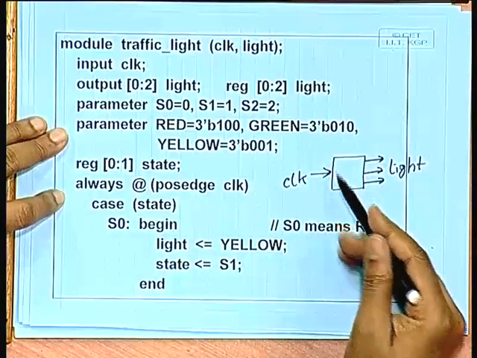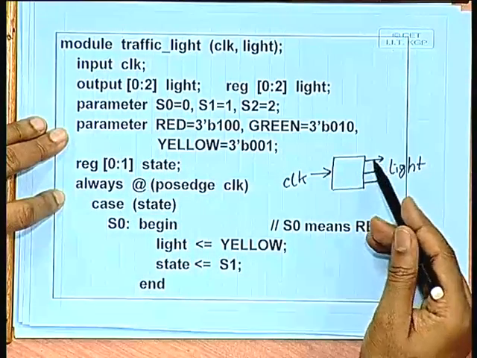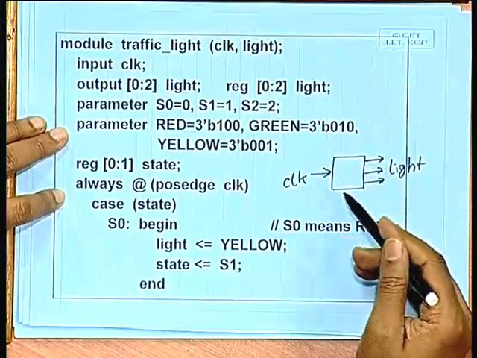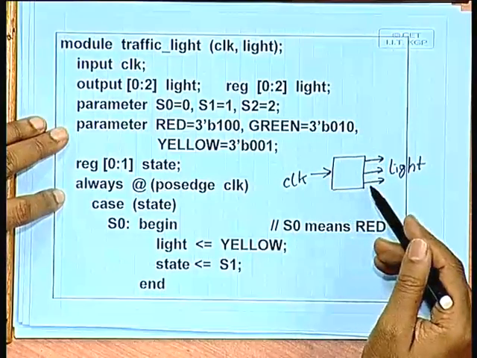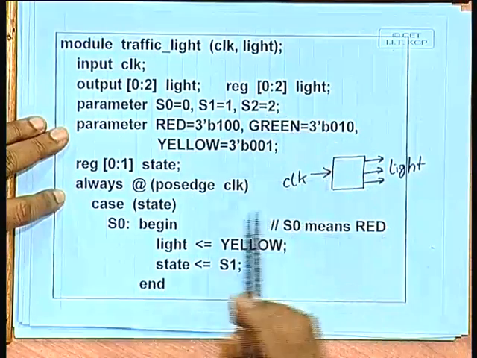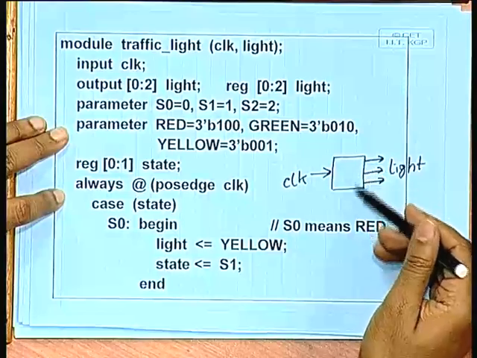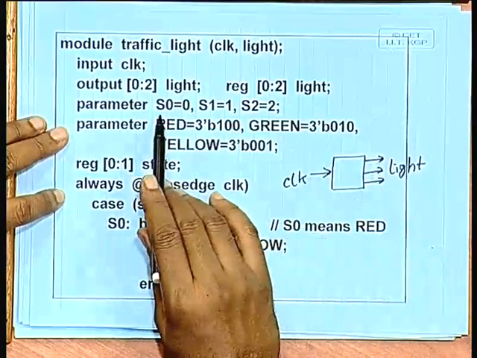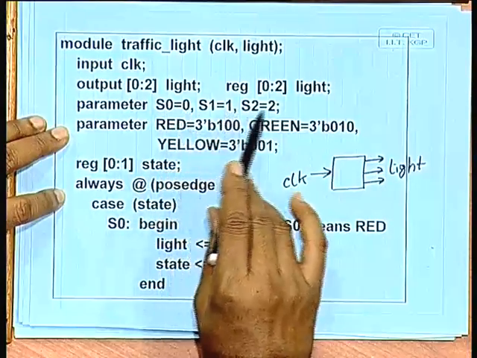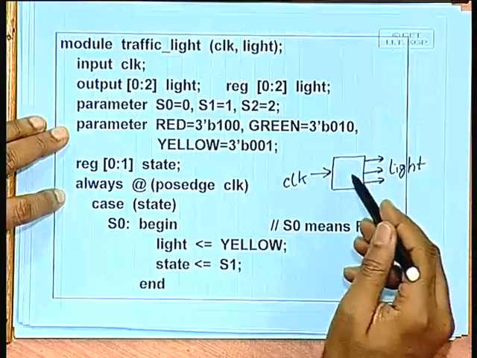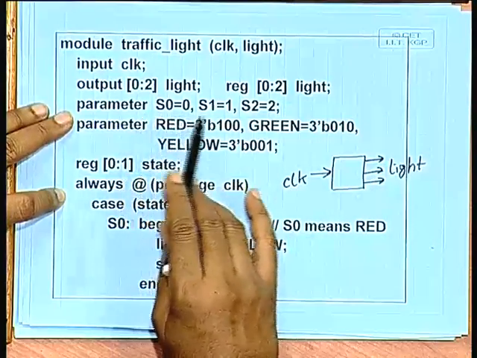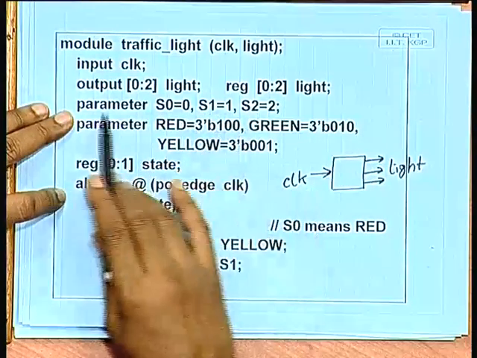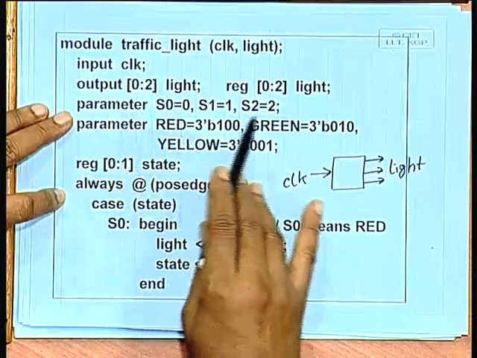Now, depending on which light is glowing presently, this circuit clearly can have 3 different states. In this program we are classifying these 3 different states as 0, 1 and 2 in terms of the internal state variables, and we call them S0, S1, S2 by these parameter constant definitions.